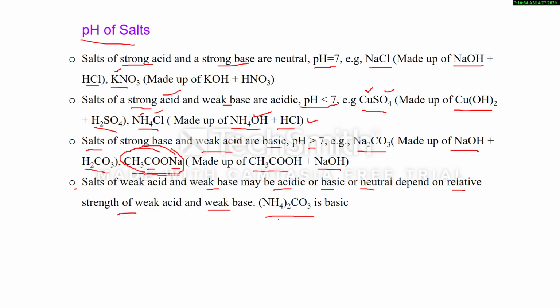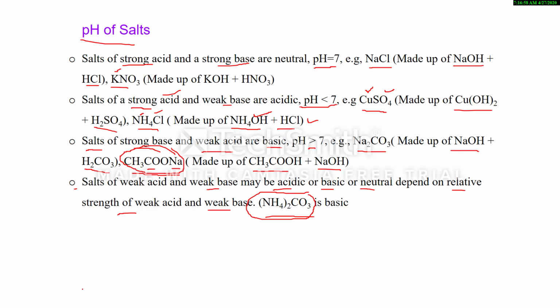Both are weak. NH4OH is a weak base and H2CO3 is a weak acid. But if we compare the relative strength, then NH4OH is a stronger base compared to H2CO3, which is a weaker acid. That's why net result, its aqueous solution is basic in nature.